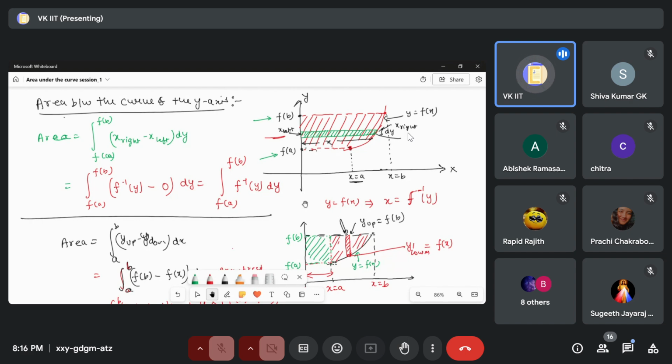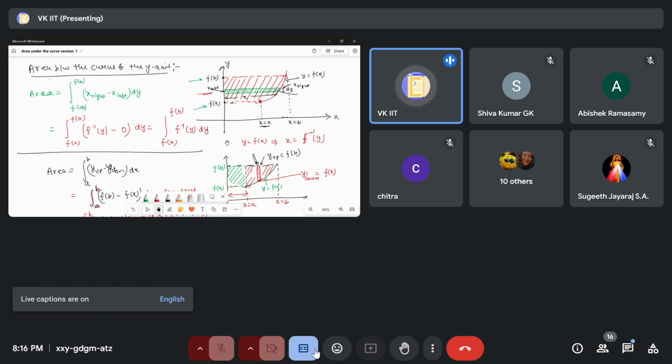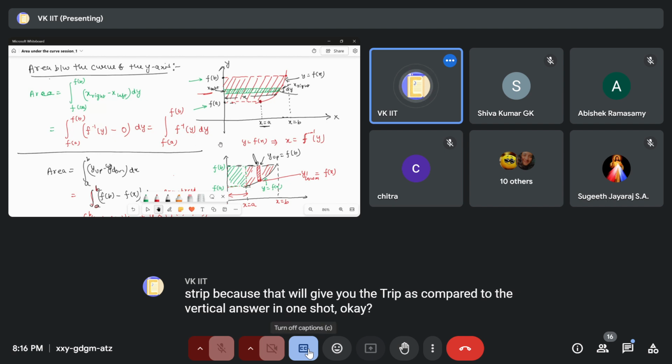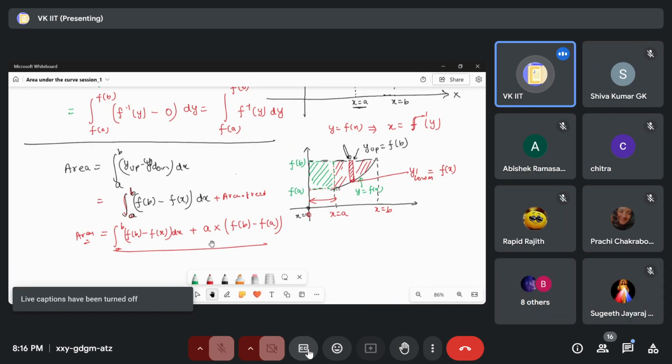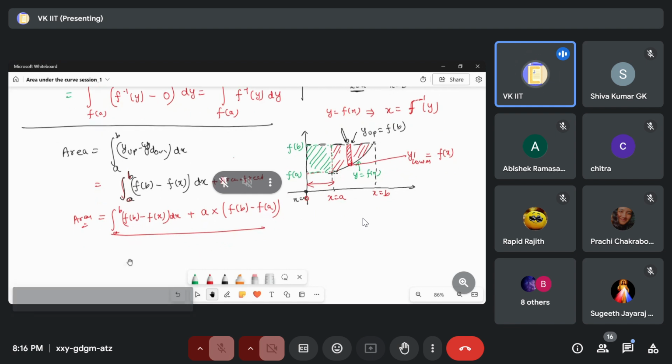If the curve is inclined toward the y-axis, then we rather consider the horizontal strip as compared to the vertical strip because that will give you the answer in one shot. Otherwise, you have to consider two areas here, which will actually increase your time in solving the question. Is that clear?